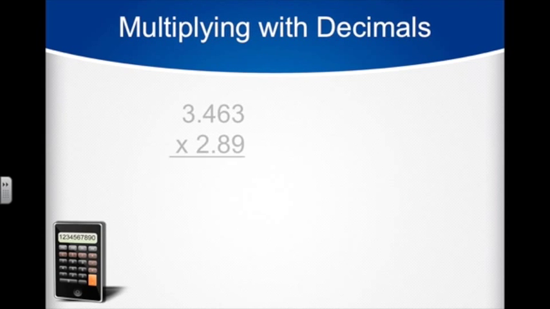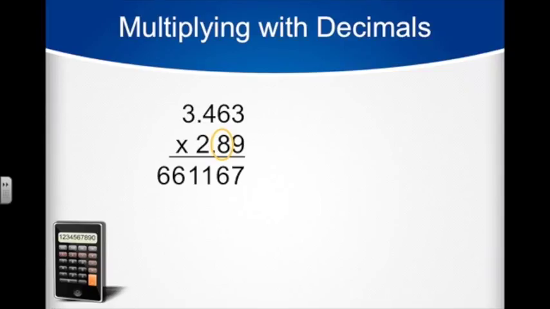To see how to multiply, let's try 3 463 thousandths times 2 89 hundredths. Let's multiply it first, however, ignoring the decimals. We start by multiplying 3463 by 9, which equals 31167. Next, we multiply 3463 by 8.